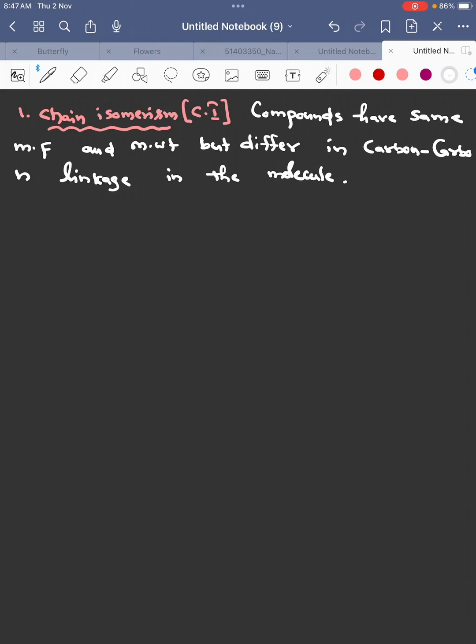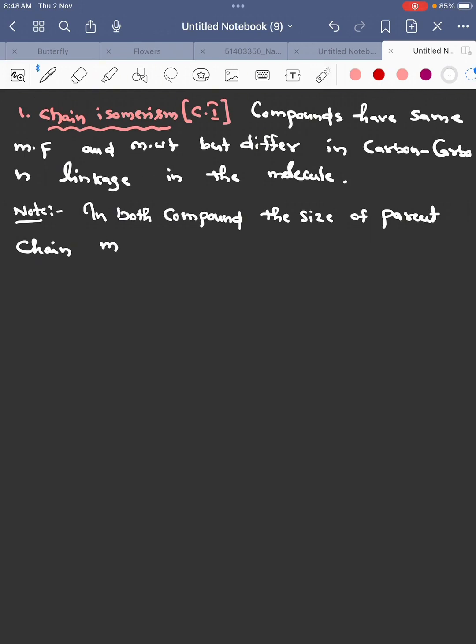Here, how to remember, how to find out the given isomers are chain isomers. So, note. In both compounds, the size of the parent chain must be different.